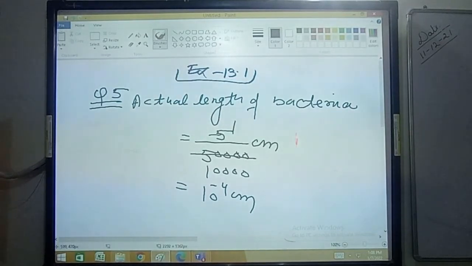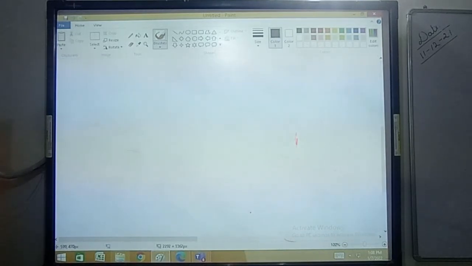Photograph enlarged and enlarged length. Now we have to find out what would be its enlarged length if it becomes 20,000 times only.